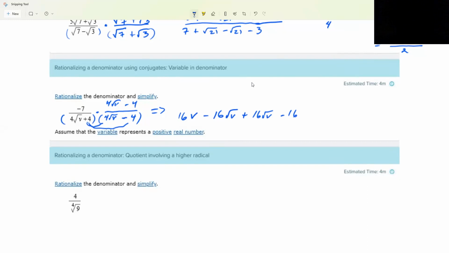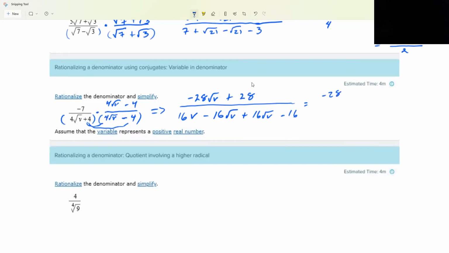And then on the top, negative 7 times 4 square roots of b is going to be negative 28 square root of b, and negative 7 times negative 4 is going to give me positive 28. So what I'm going to do on the top there is factor out a negative 28.